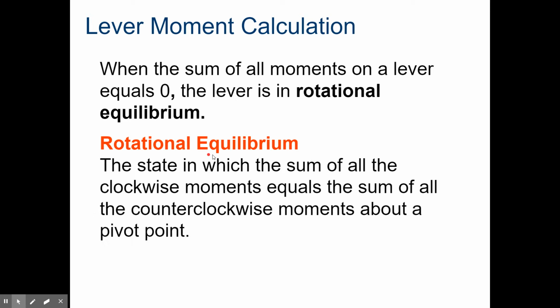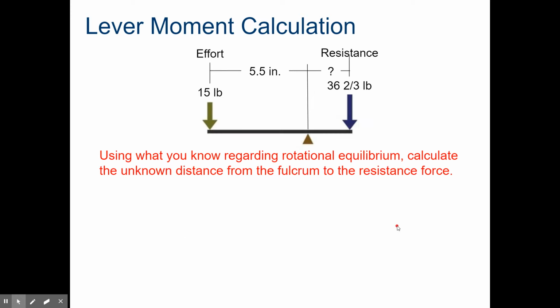Here's the wordy summary: rotational equilibrium is the state in which the sum of all the clockwise moments equals the sum of all the counterclockwise moments about a pivot point, or with our lever, about a fulcrum. We are not moving.